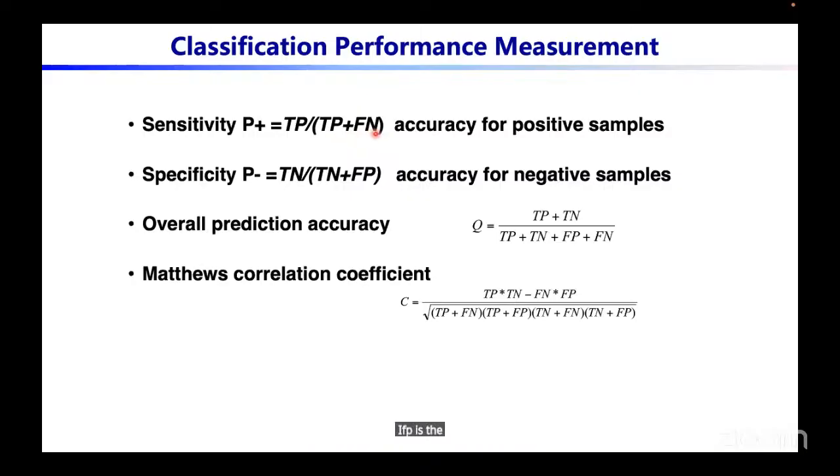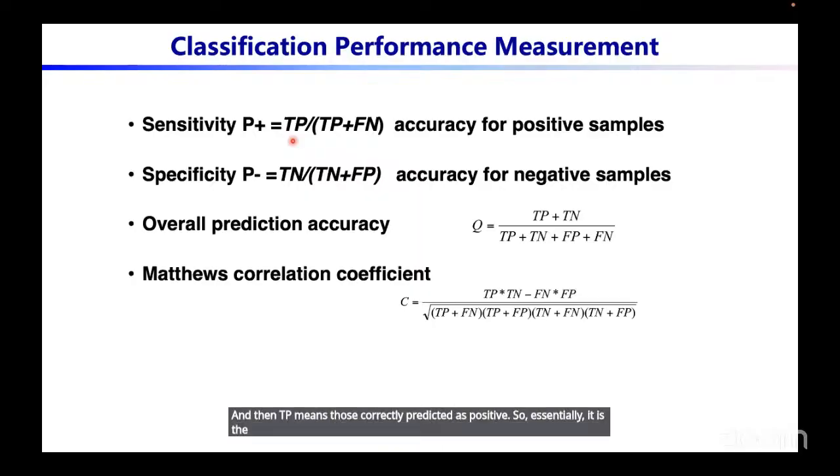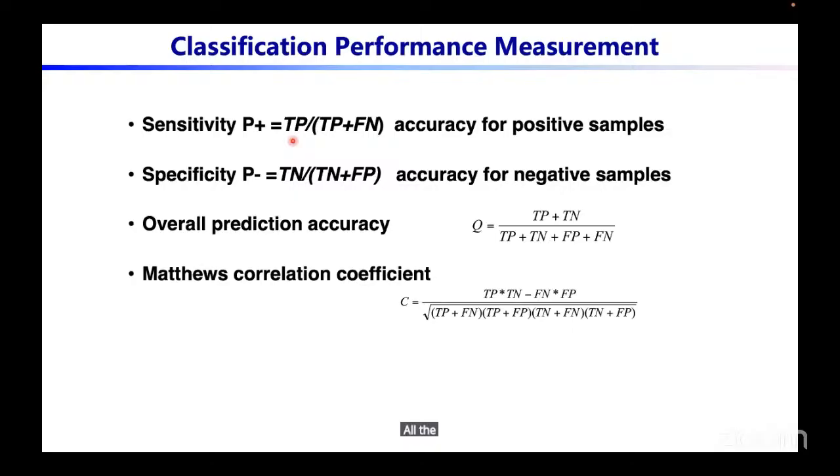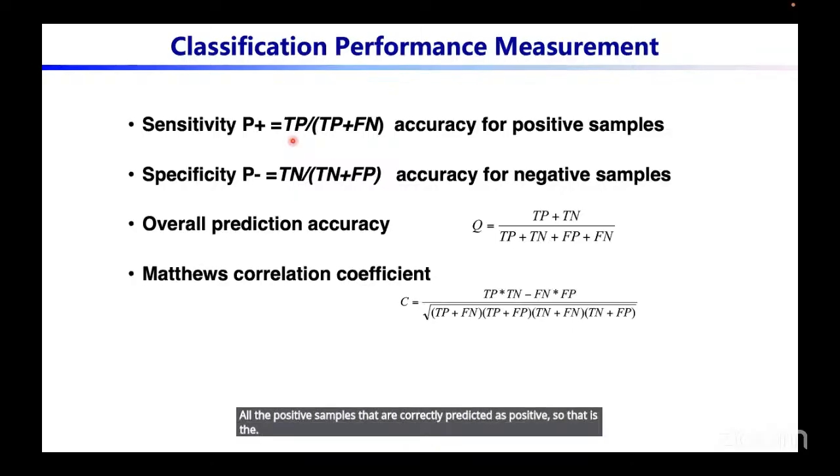So TP plus FN means all the positive samples, and TP means those correctly predicted as positive. Essentially, it is the percentage of all the positive samples that are correctly predicted as positive. So that is the sensitivity.